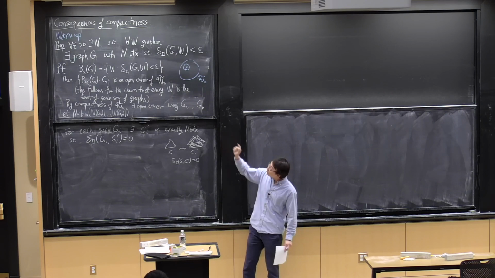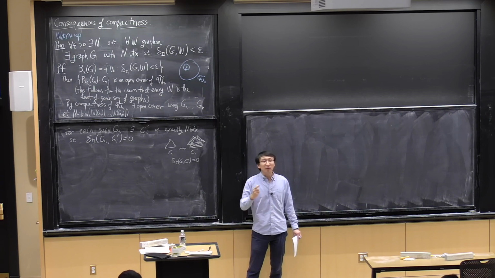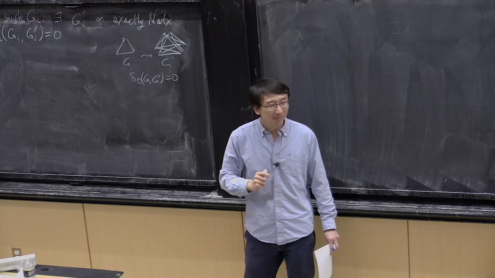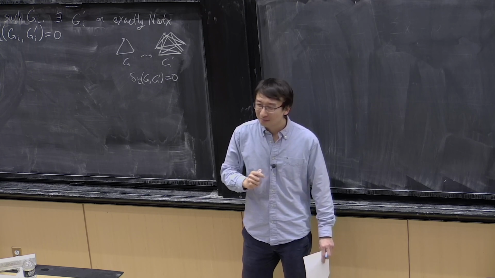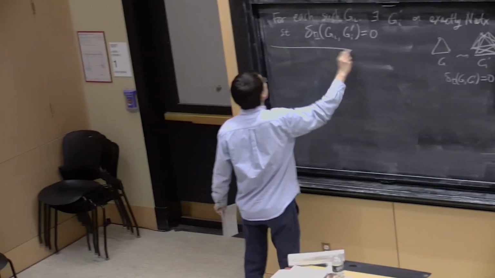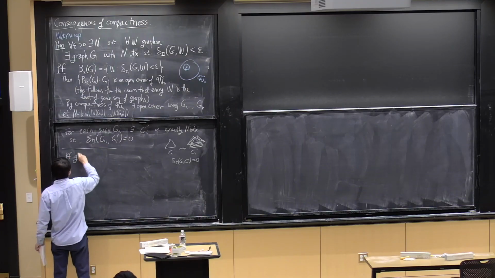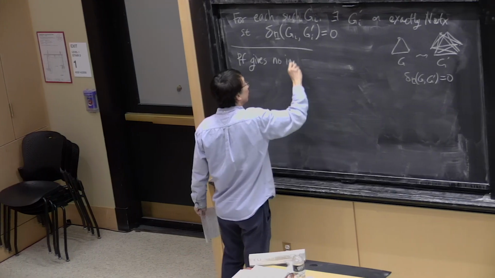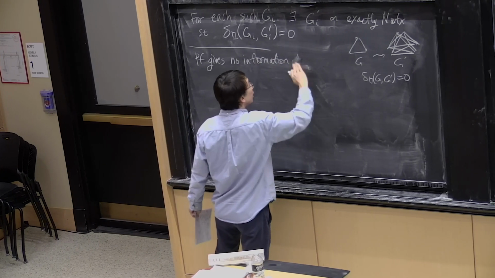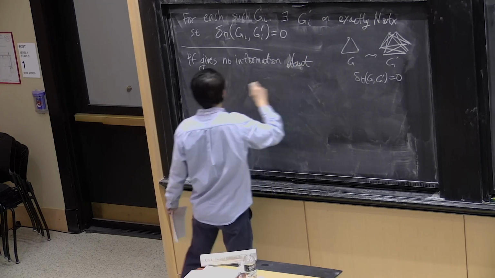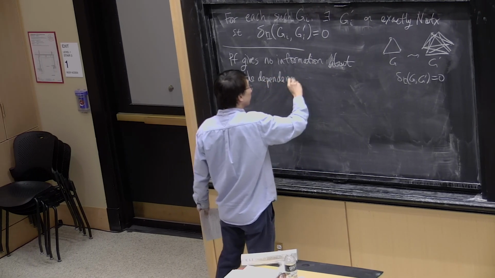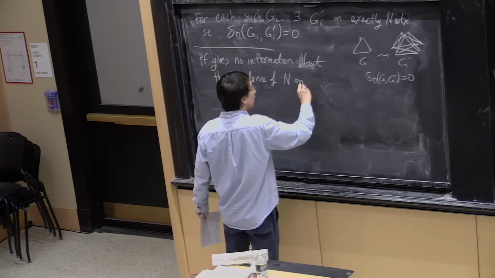The statement says for every epsilon there exists an n. So n is a function of epsilon. What's the function? This proof doesn't tell you anything about that. This proof gives no information about the dependence of n on epsilon.